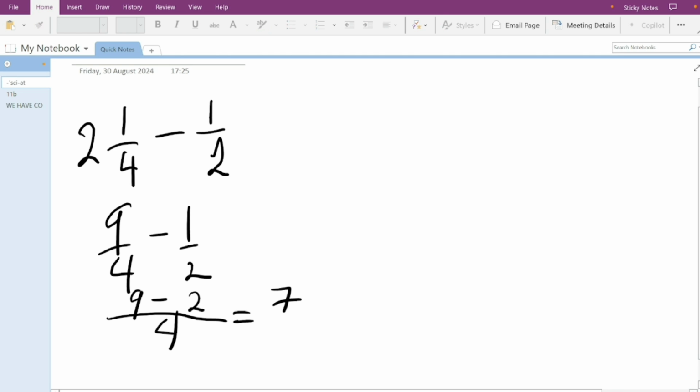That's 7 over 4. We can't leave our final answer in this state because this is an improper fraction where the bigger number is on top of the smaller number. So we convert it from an improper fraction to a mixed fraction. How many times can 4 go in 7? 1 time. So we still have our 4 here. Then, since it can go 1 time, you write the answer as the whole number, then the remainder will be on top of the 4.